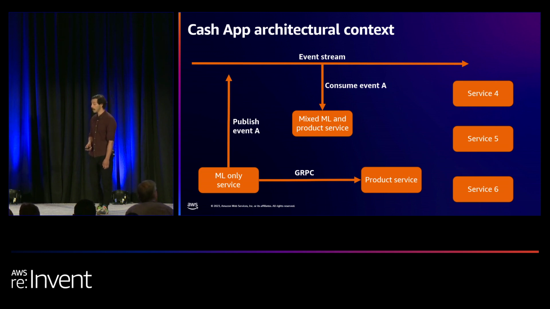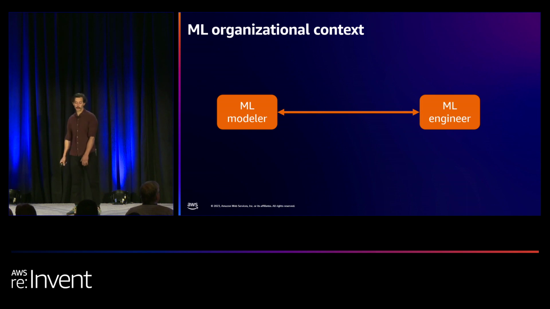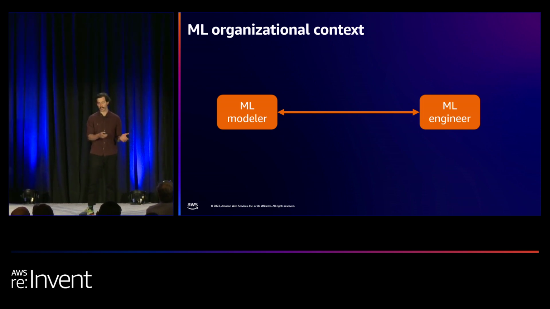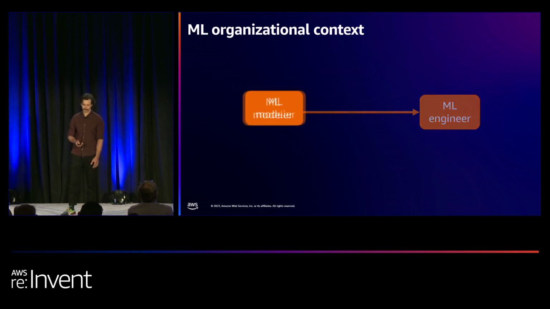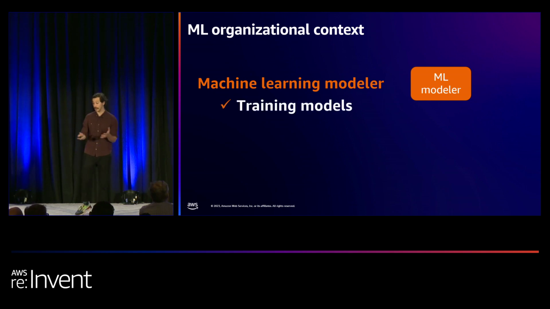So how does this relate to the structure of your teams? What's the relationship there? Yeah, that's a really good question. We totally didn't plan this. So a standard applied ML team at Cash App is composed of modelers and engineers. And they focus on different areas where we can apply ML to the product. A modeler is generally responsible for training and packaging models.